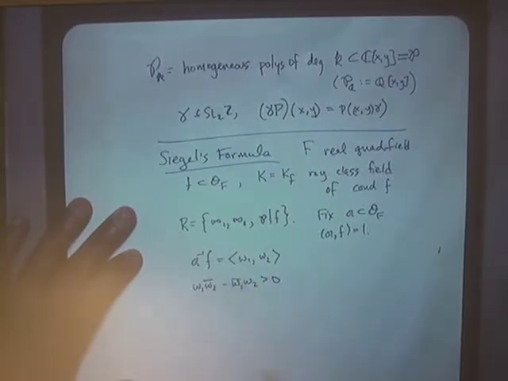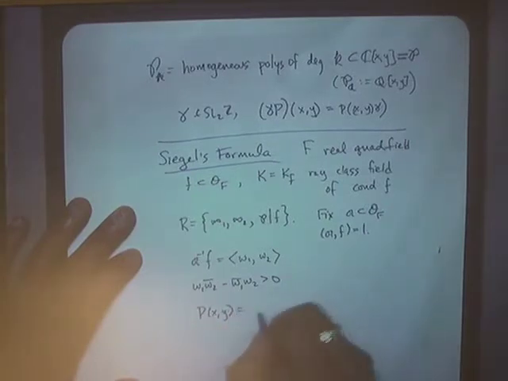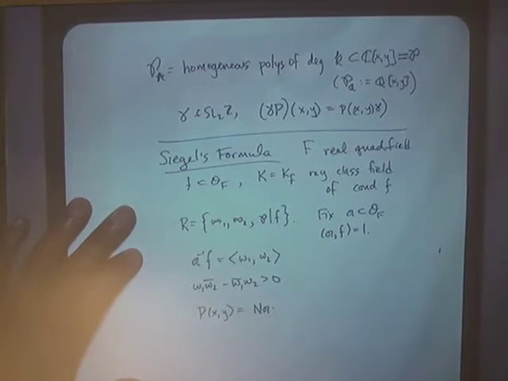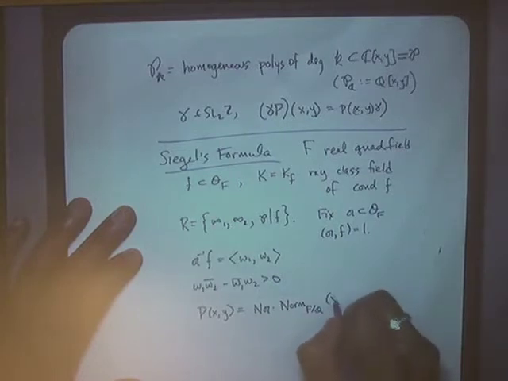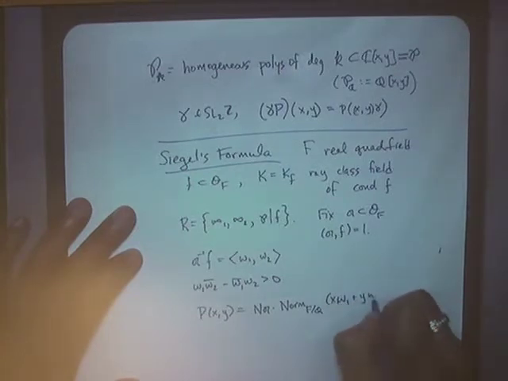Now, given this data, I'm going to define a P and a V that I'm going to then apply to this Eisenstein series situation. So the P that I'm going to take, I'm going to define P of xy. So here's my polynomial: it is the norm of A, that's some integer, times the norm from F over Q of x omega 1 plus y omega 2.